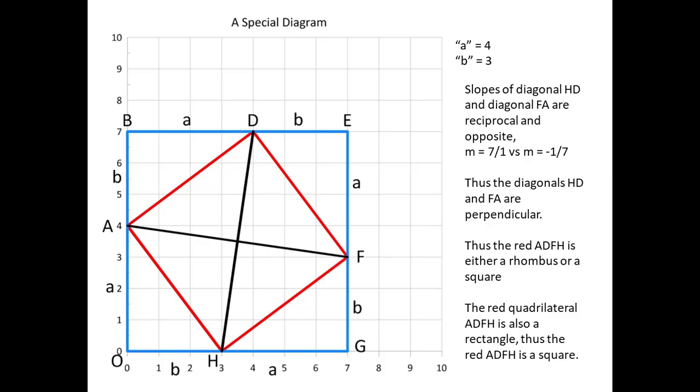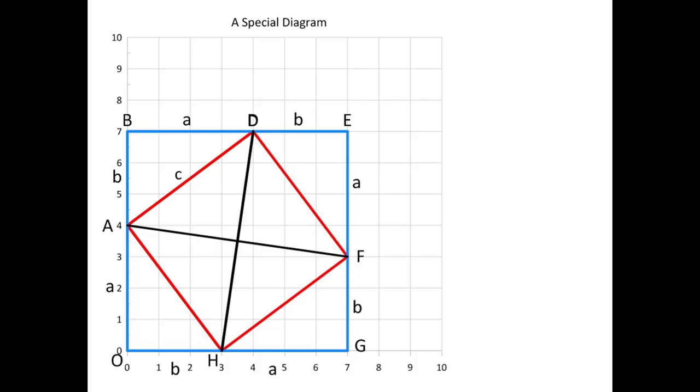So we've now proven that the inner quadrilateral, the red quadrilateral, is a square. And being a square, it has length C. So now we move on from there, that we have a length C on each side of that red square.